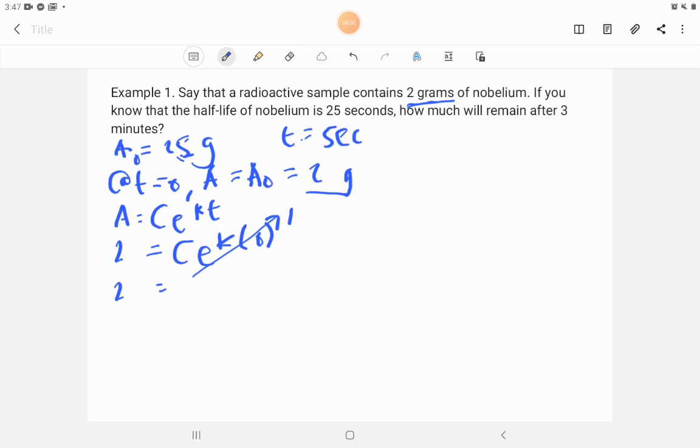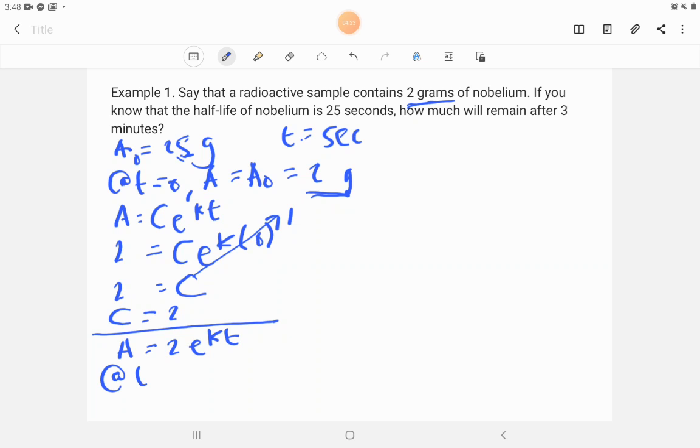So 2 equals C. So C now is equal to 2. Then we substitute in the equation: A equals 2 e to the power of k times t.